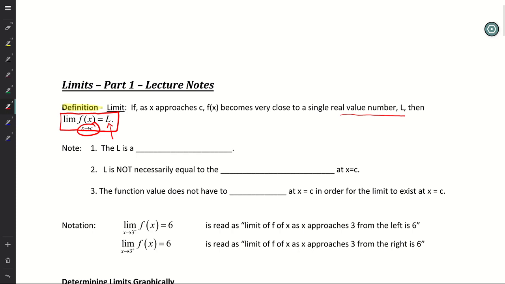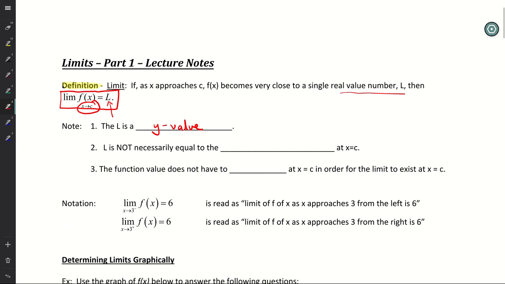So a couple of notes. First of all, the L is a y value. So when I say if we have a limit and it exists, what's the limit going to equal? It's going to equal some type of y value. The second thing is that L, that y value, is not necessarily equal to the function value at x equals c.